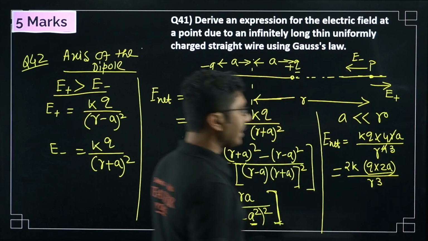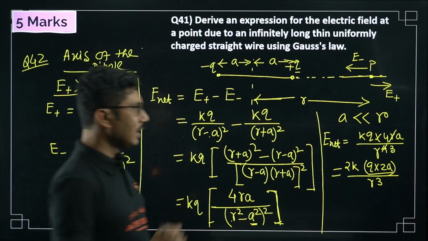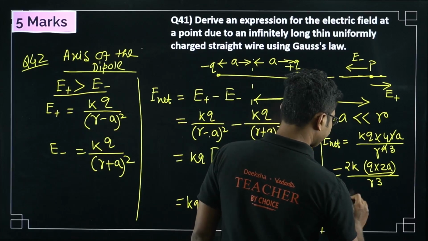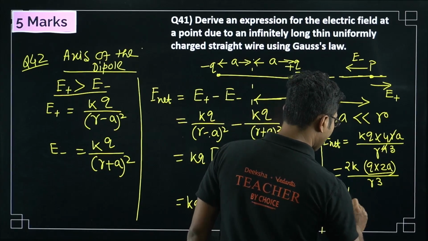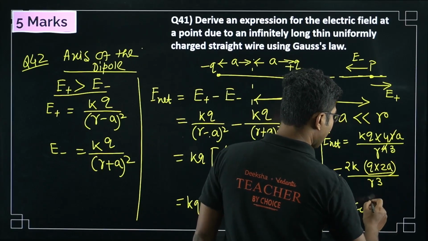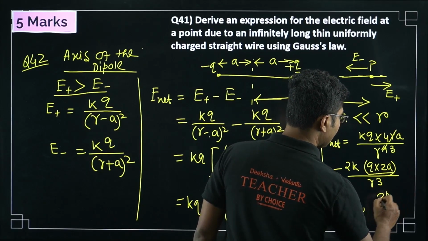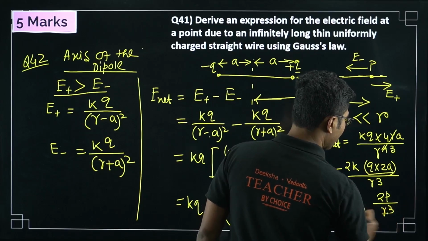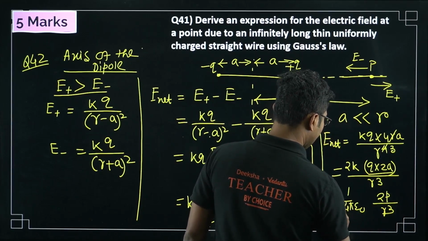Now Q into 2A is called the dipole moment. So it will be, now K is 1 by 4 pi epsilon naught. This quantity is called dipole moment, so there will be 2p divided by R cube. So this is the expression for net electric field.